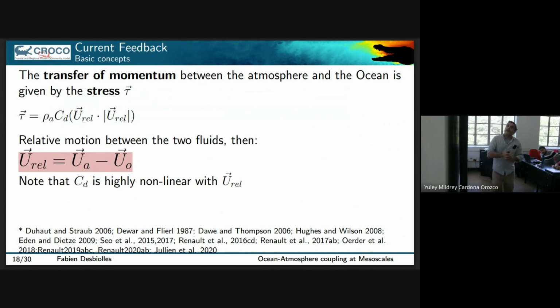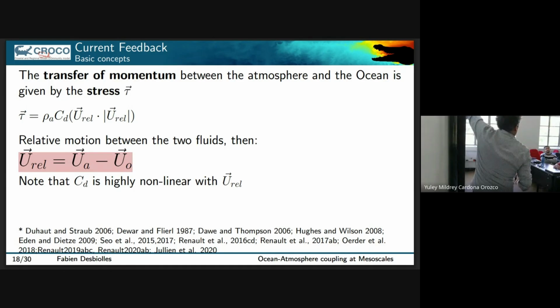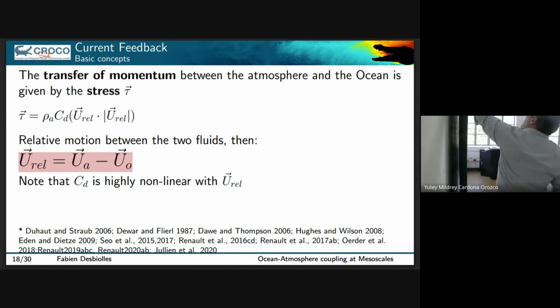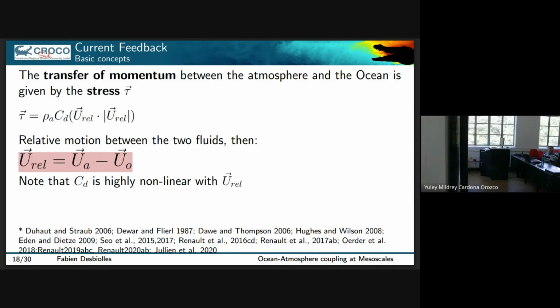But actually here, we're going to use the relative motion between the two fluids. So U rel is for U relative, and U relative is actually the wind speed minus the surface current, okay? So that means that the surface current is going to appear in the computation of the stress. Here, note that we do not change the CD, which is still highly non-linear with the relative wind.